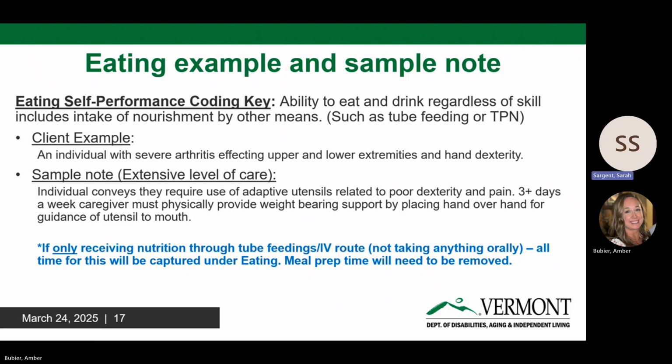A sample note of extensive level of care. An individual conveys they require the use of adaptive utensils related to poor dexterity and pain. 3+ days a week, a caregiver must physically provide weight-bearing support by placing hand over hand for guidance of utensil to mouth.